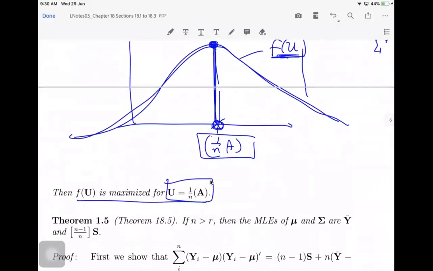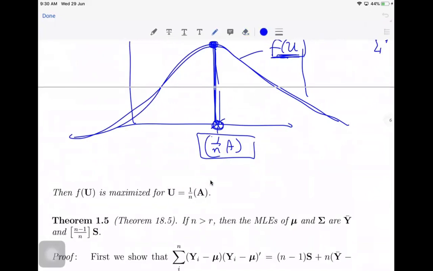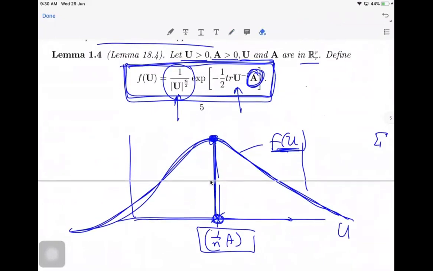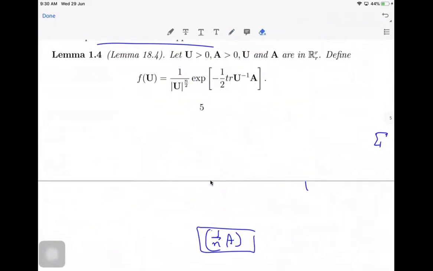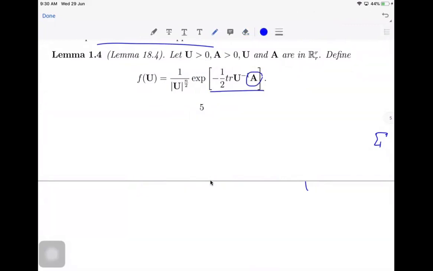So that is the meaning. This is the value of U where it is maximized. These are U values, and this is f of U, its image. If you plot f of U, it has a maximum at this value 1/n A. So all you have to do is transform your density into this form, then just get the n and A there, and that value is where the maximum is.